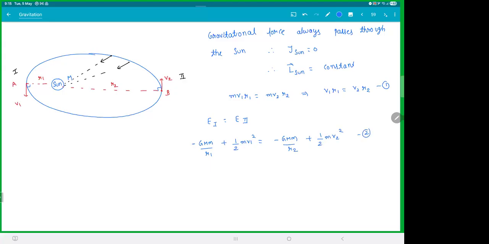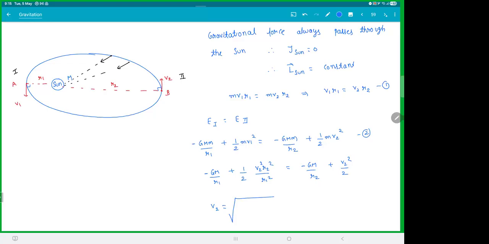Take v1 from here and substitute here. Small m goes off everywhere. Minus GM by r1 plus half v1 square will be v2 square r2 square by r1 square, minus GM by r2 plus v2 square by 2. So you can bring all v2s to one side.